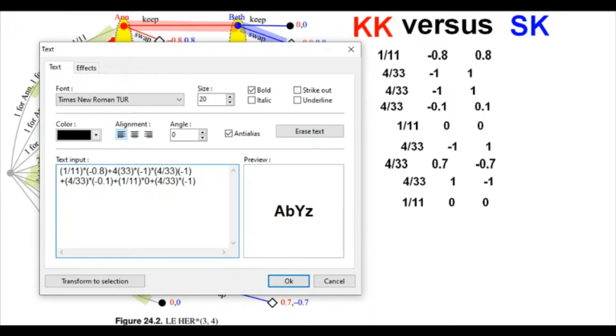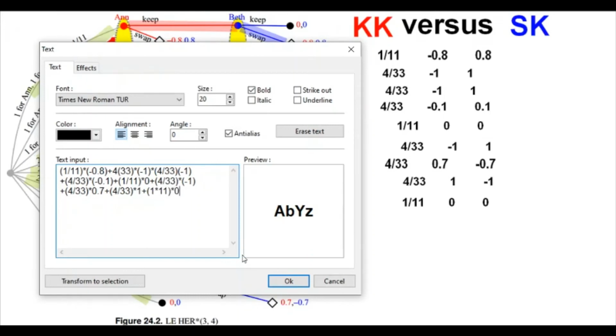And then we go one line further, and we have 4 over 33 times 0.7 plus 4 over 33 times 1 plus 1 over 11 times 0.